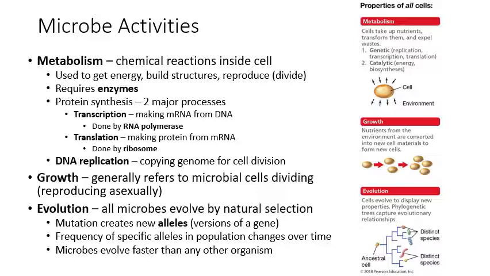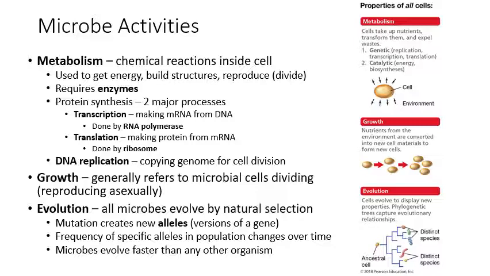Growth, for a larger organism, for a regular organism, means the whole organism getting bigger, so making more cells so the organism gets bigger. For unicellular organisms, it can't really mean that, of course, because one cell is already the whole organism.